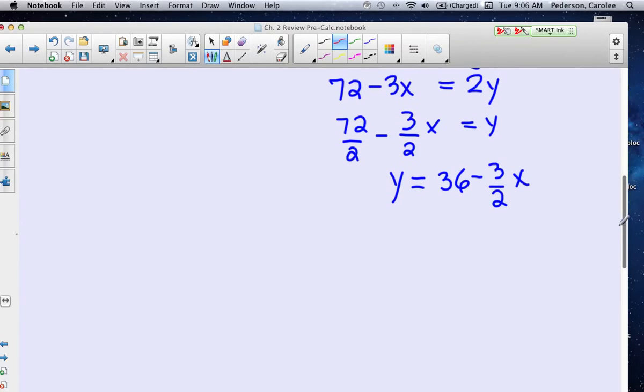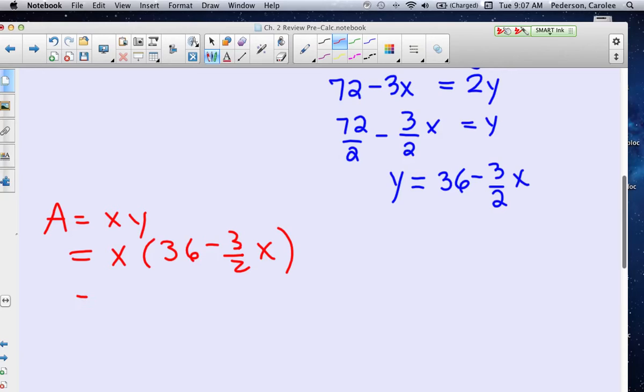So we'd say area function. Area equals the length times the width, which was x times 36 minus 3/2 x. Now you have a quadratic function.